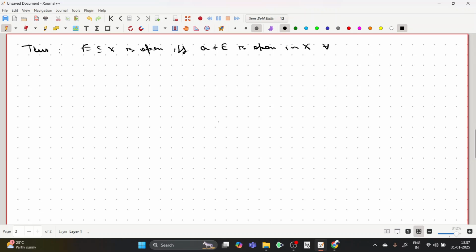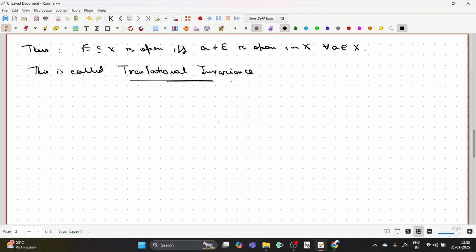And this will obviously happen for all A in X. Due to the homeomorphism of the translational map, this phenomenon is what we call translational invariance. That is, a subset is open if and only if its translation by some vector is open as well. Got it?